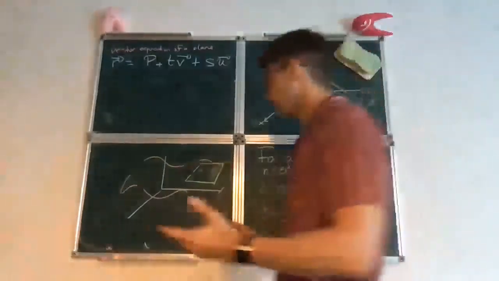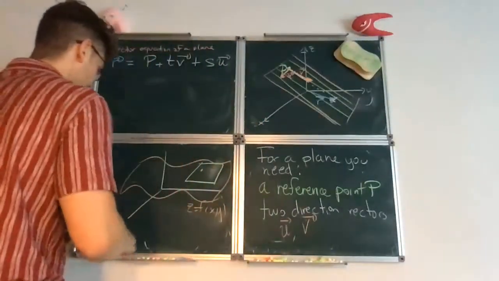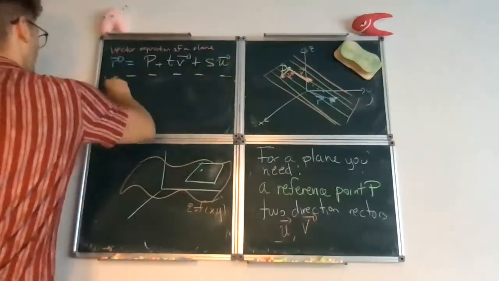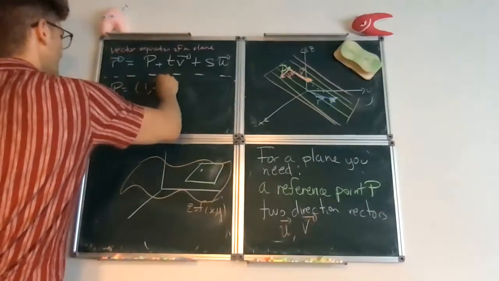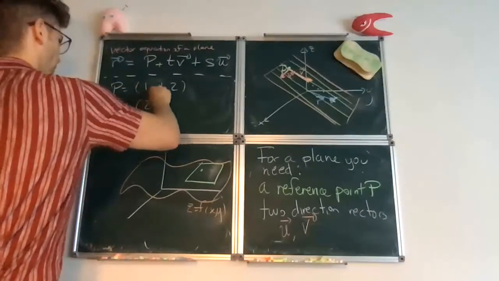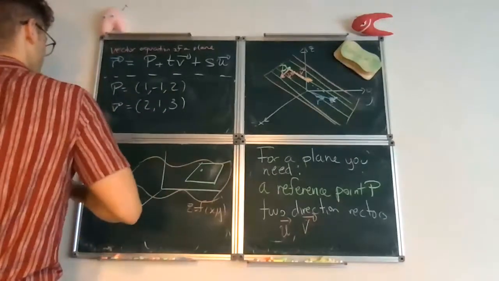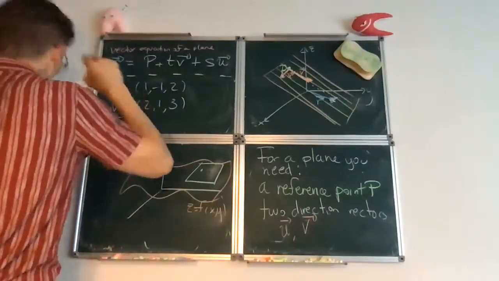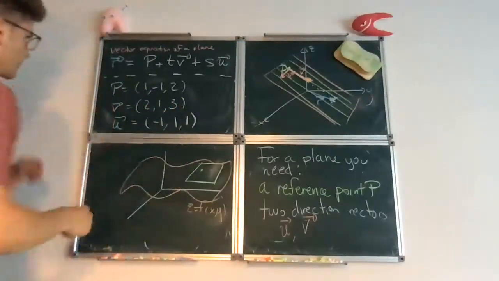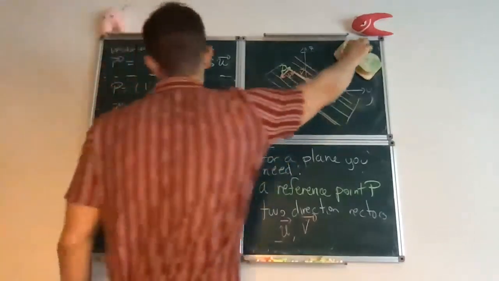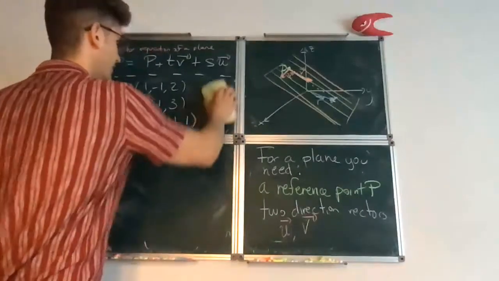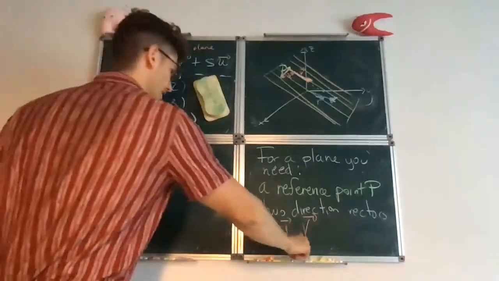Now, this formula is fairly easy to use. If you wanted to use it in practice, say I would give you a point and then two direction vectors, and if I asked you to find the equation of the plane, you would just use this formula.